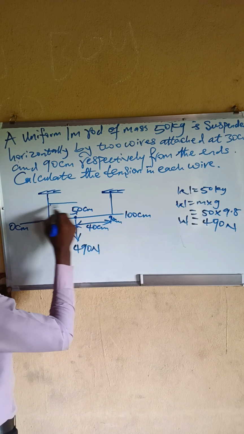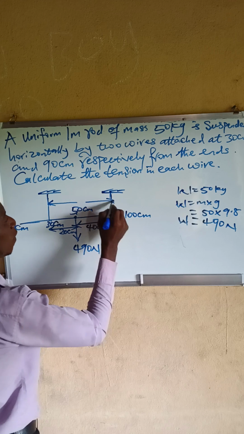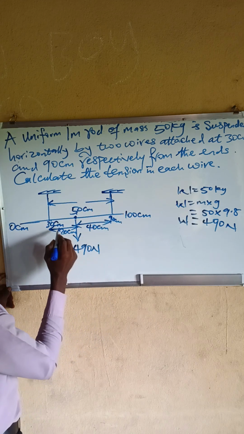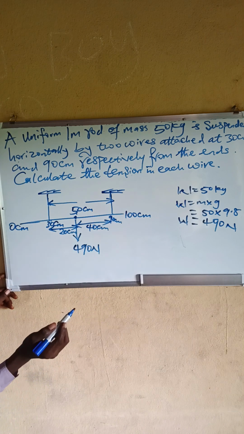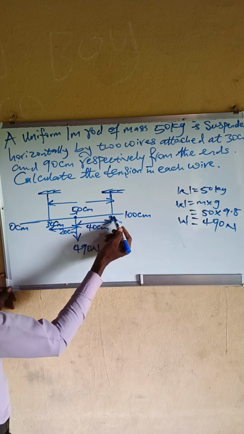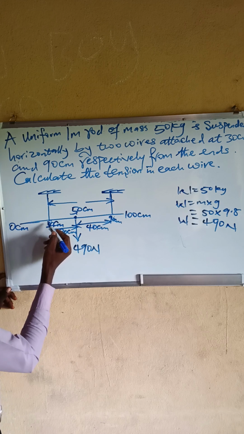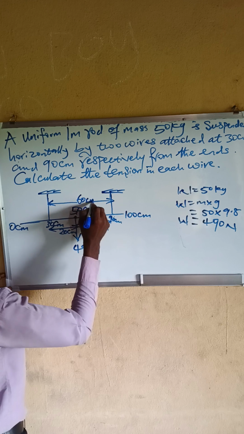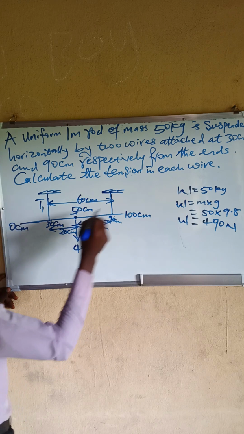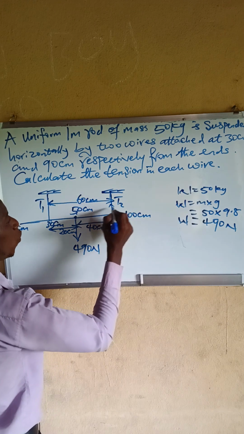Now, from here to this place, it's going to be 20 cm plus 40 cm, which is 60 cm. Or you can equally say 90 minus 30, which is also 60 cm. This is tension 1 and this is tension 2.